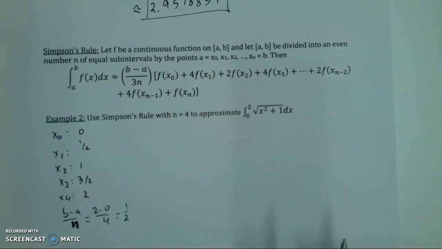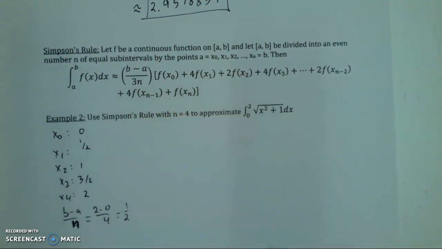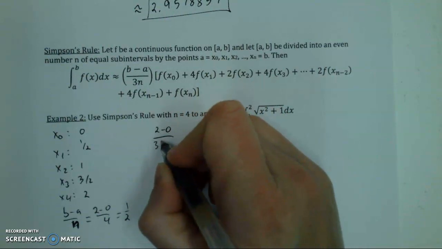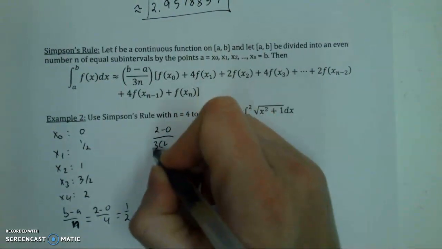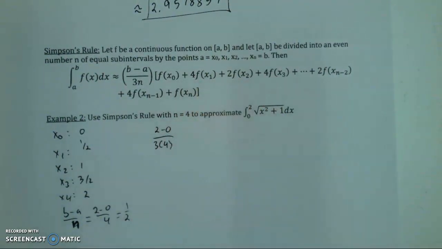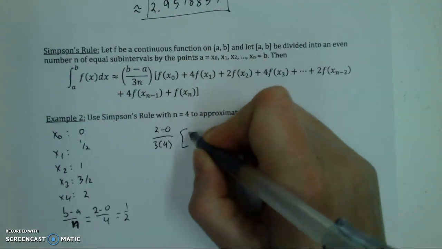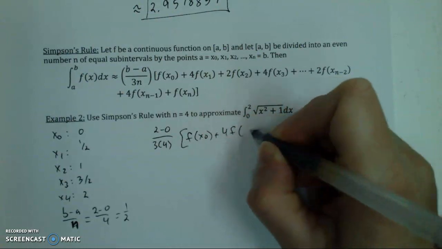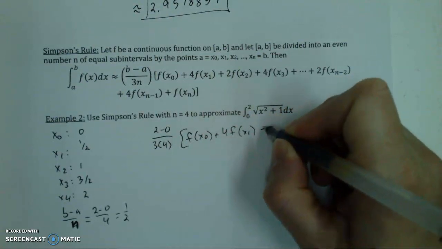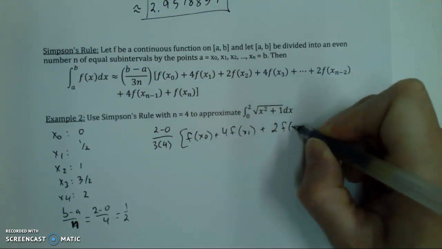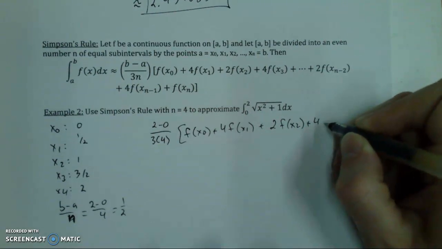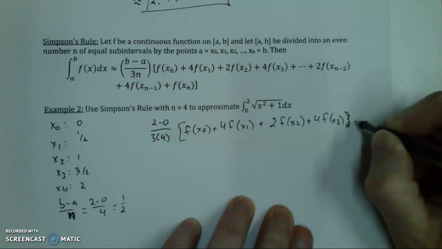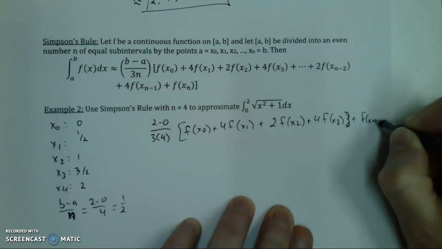All right, so we're going to do b minus a over 3n. So 2 minus 0 over 3, I'm sorry, that should say 3 times 4, yep. And then we've got f of x sub 0 plus 4 times f of x sub 1 plus 2 times f of x sub 2 plus 4 times f of x sub 3, oops, plus f of x sub 4.